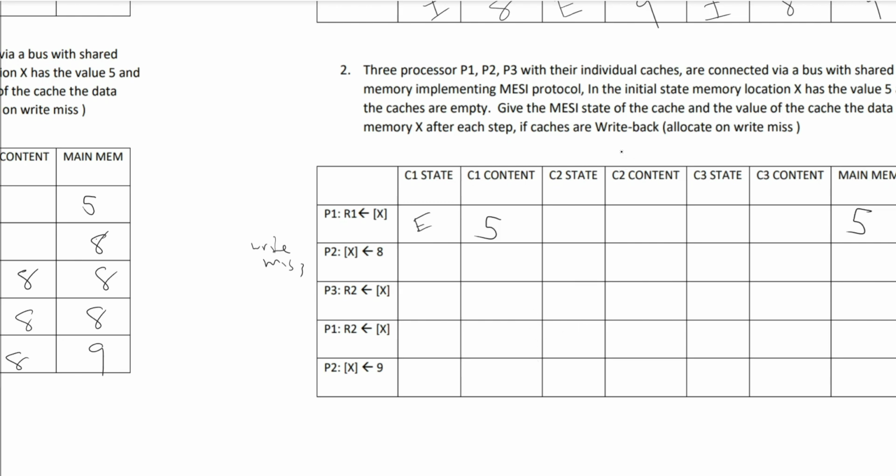Write back and allocate on write miss. So there's a write miss, so you have to allocate. We have to read it. So we do snooping. This becomes shared in 5. And it'll share it with this. No, actually, it's shared in 5. This will also share it.